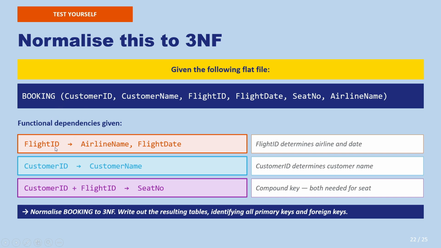So I have flight ID, that is the primary key, giving you the airline name and the flight date. In the same case, I have the customer ID, giving you the customer name, and then the customer ID plus the flight ID should give you the seat number. I need you to pause this video and see if you're able to normalize this to the third NF.